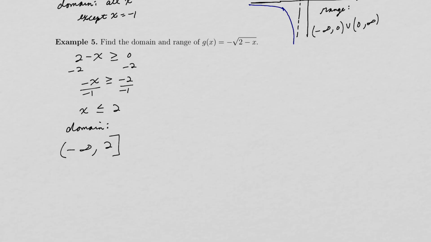So that's okay. And then to figure out the range, again, let's graph this, because it's hard to determine without graphing it. We're going to get something that has a shape like this.